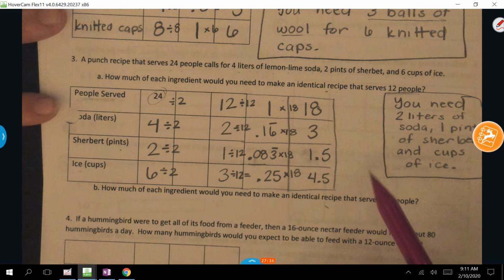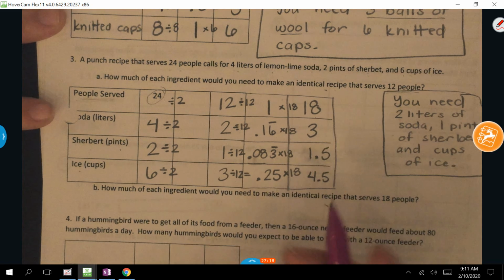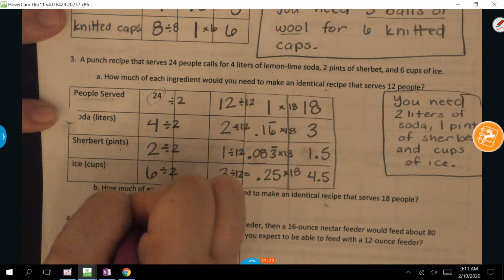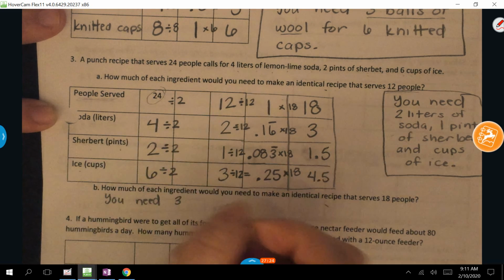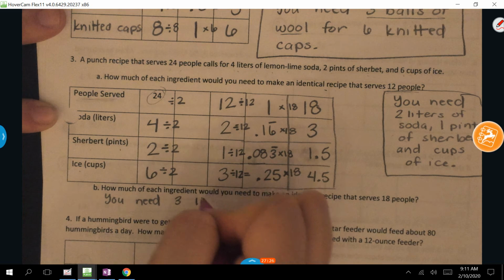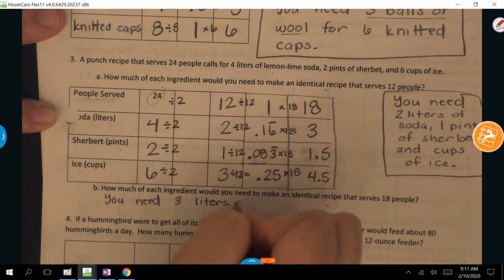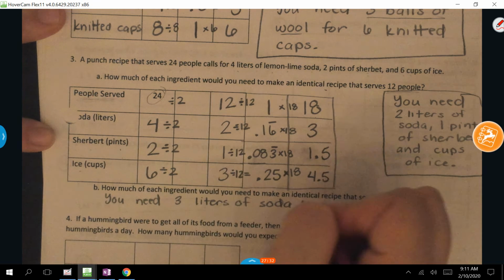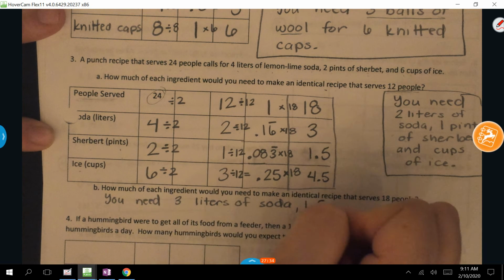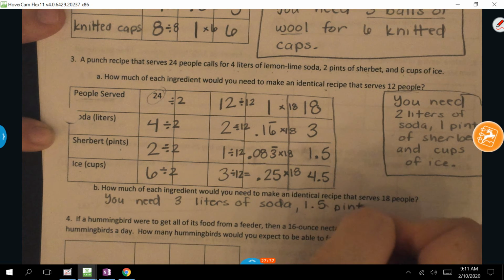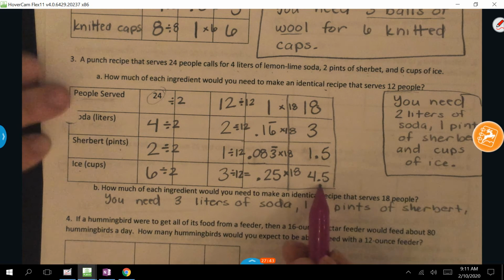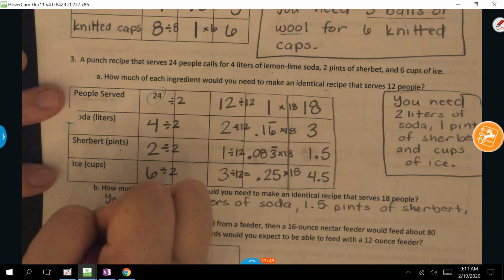So my servings that I need for 18 people: you need 3 liters of soda, 1.5 pints of sherbet, and then 4.5 cups of ice.